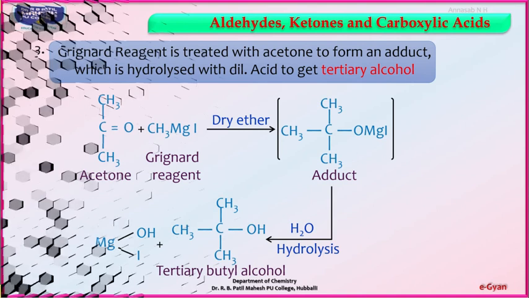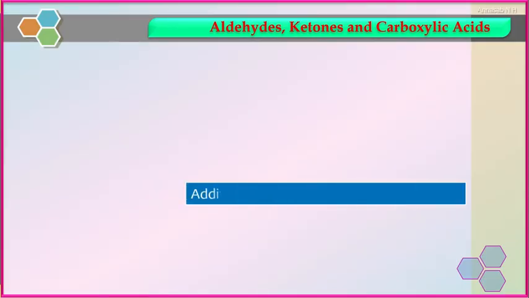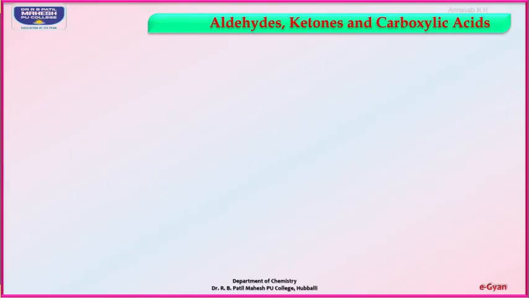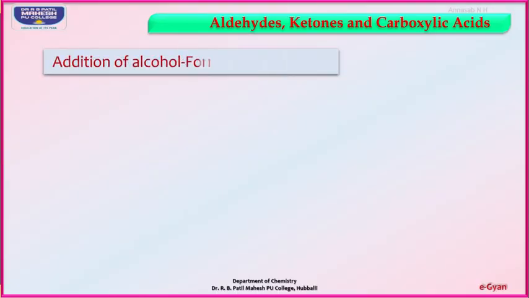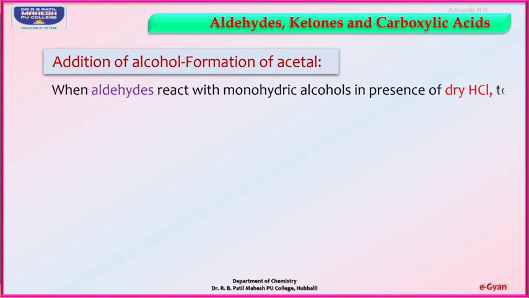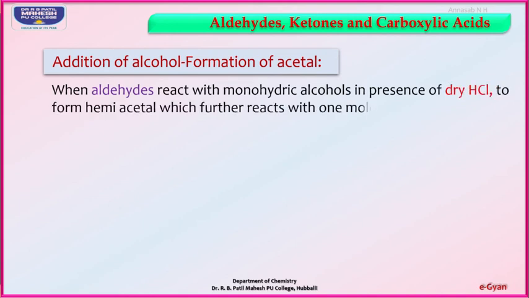Moving further, next, addition of alcohol to aldehydes and ketones. So the addition of alcohol always forms acetal. When aldehydes react with monohydric alcohols in presence of dry HCl they form hemiacetal, which further reacts with another mole of alcohol forming acetal.